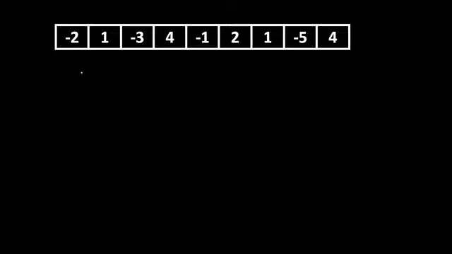First, how many subarrays can there be? It can start from index i and end at j. So start and end indices denote a subarray. And how many such pairs can there be? If this array has n elements, then it can be from 0 to 0, 0 to 1, 0 to 2, all the way up to 0 to n.